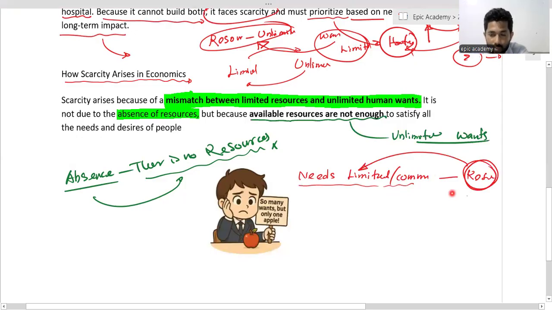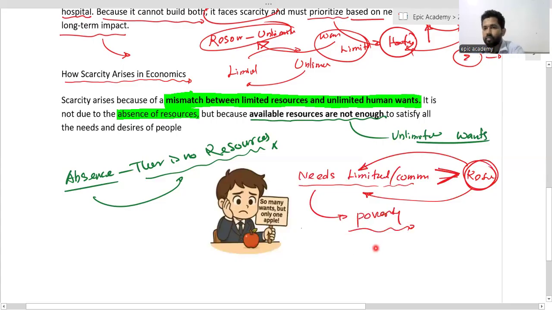But just consider your resources are not enough to satisfy the basic needs. You can't satisfy the basic needs. That situation will be identified as poverty. That's the meaning of poverty.